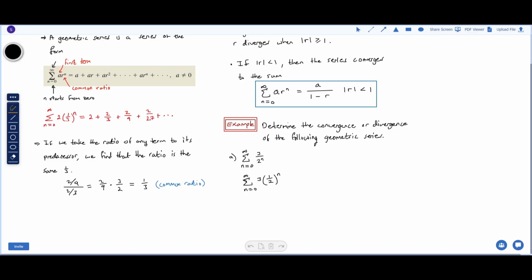Did we factor out the 3 to get that? Yeah, I just factored the 3 out, and then for the 2 to the power of n, since it was underneath a 1, we can just write the whole thing as 1 over 2 to the power of n.